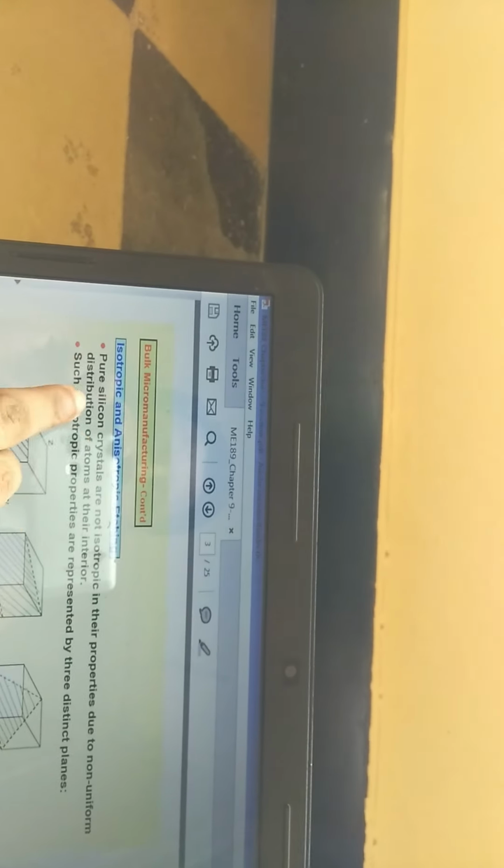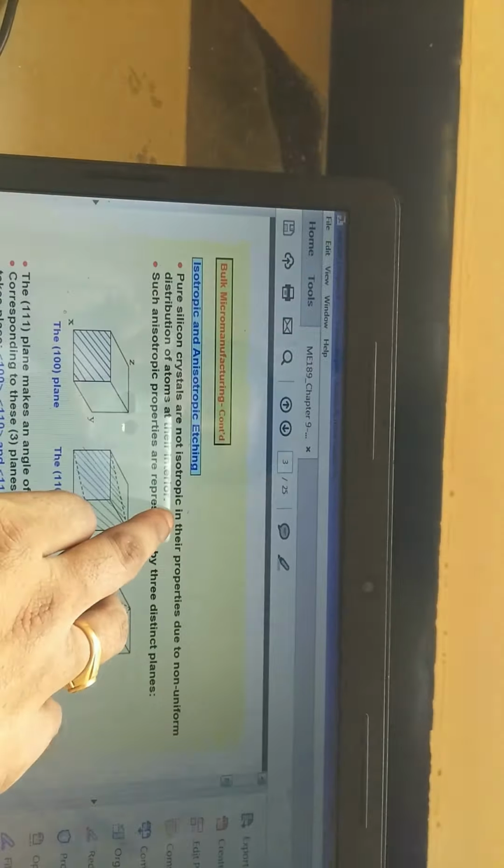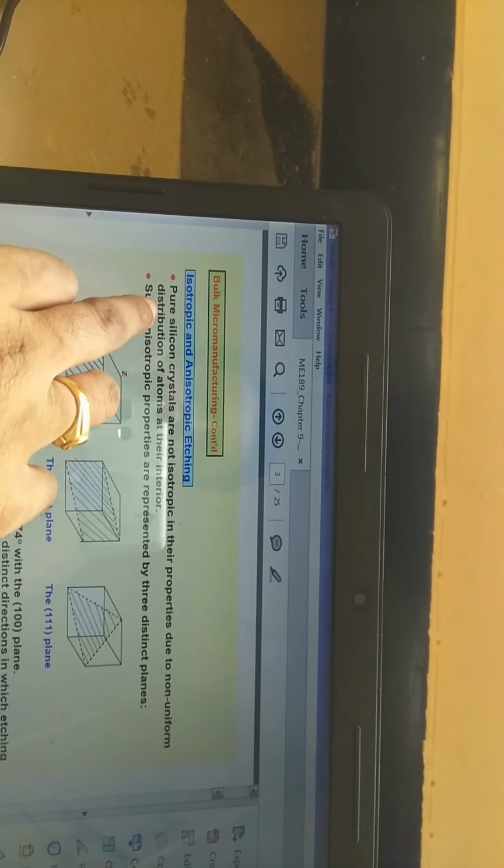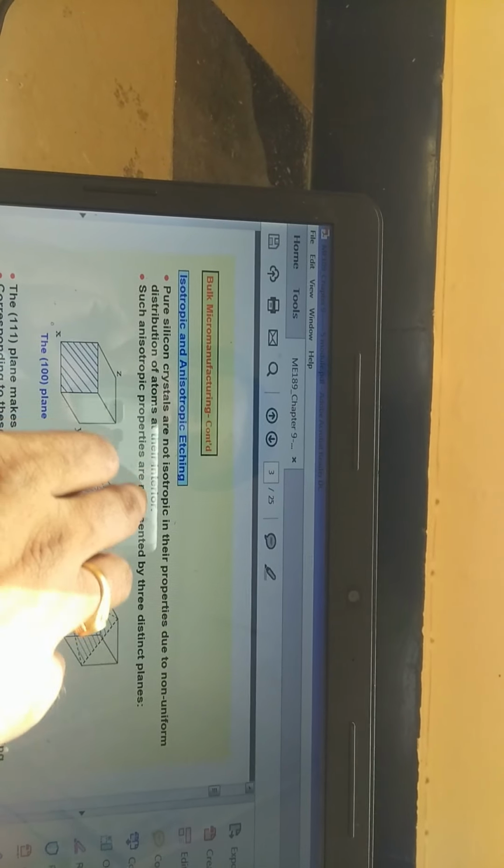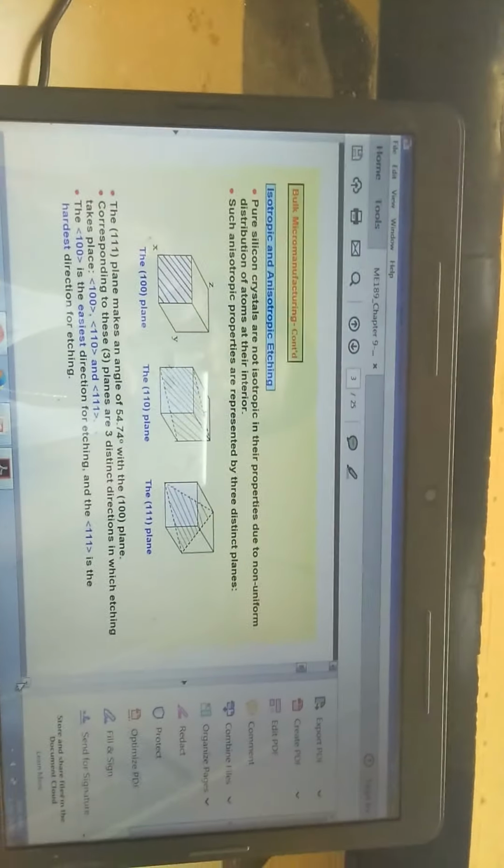Pure silicon crystals are not isotropic in their properties due to the non-uniform distribution of atoms in their interior. Such anisotropic properties are represented by distinct planes, described with respect to the orientation of the plane.